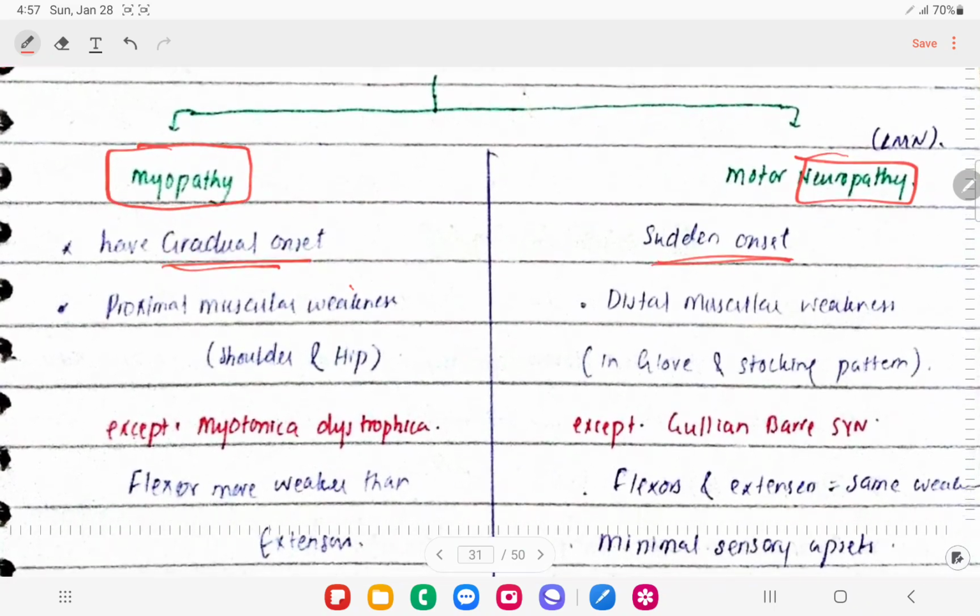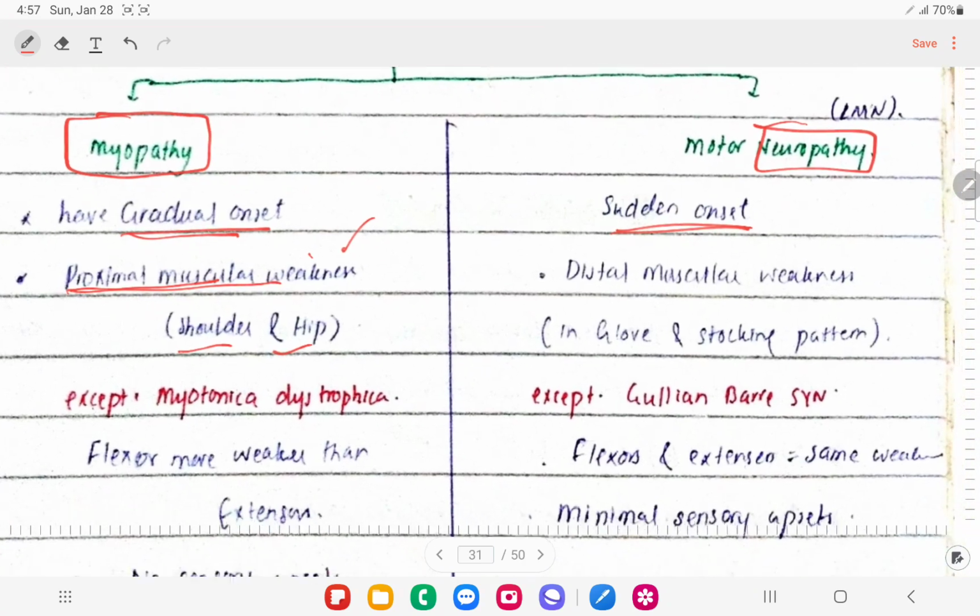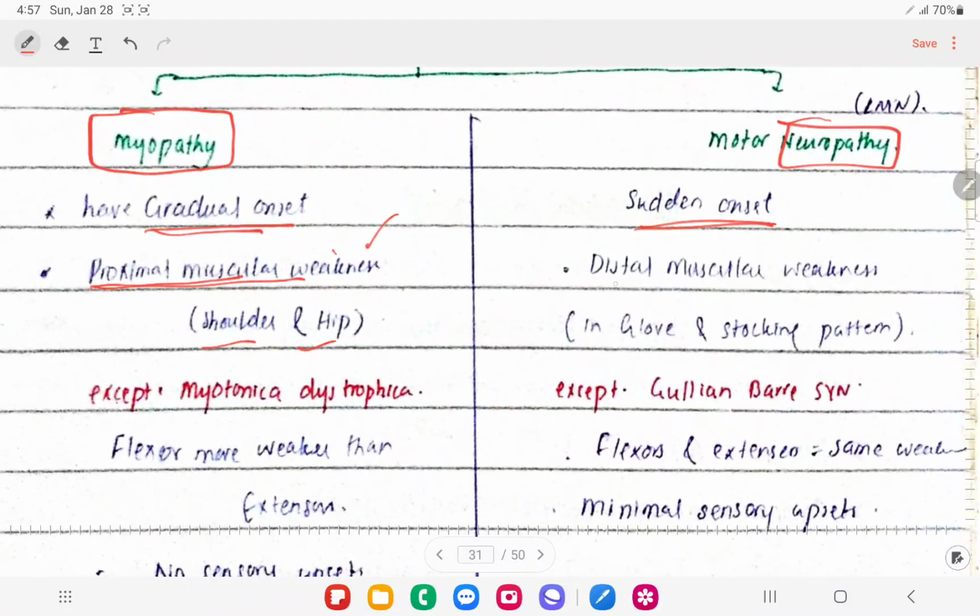In myopathy, mostly the proximal muscles are involved, like the shoulder and hip muscles. While in neuropathy, mostly the distal muscles are involved, like in a gloves and stocking pattern.